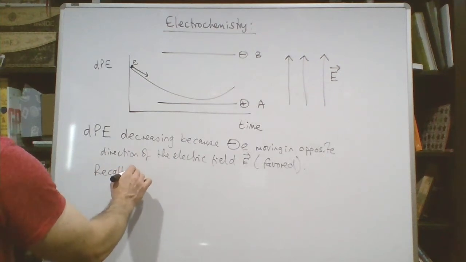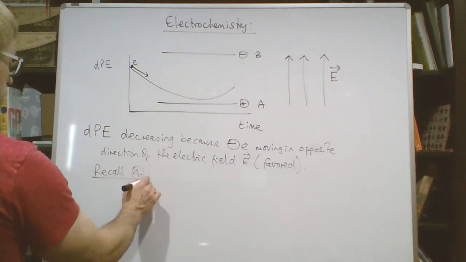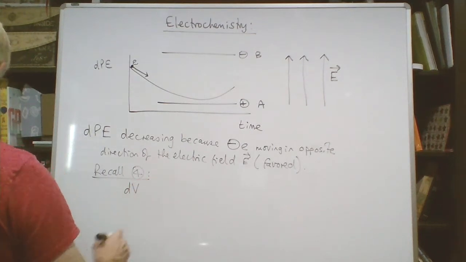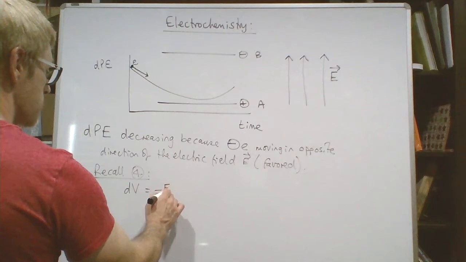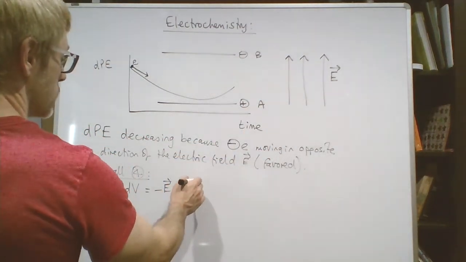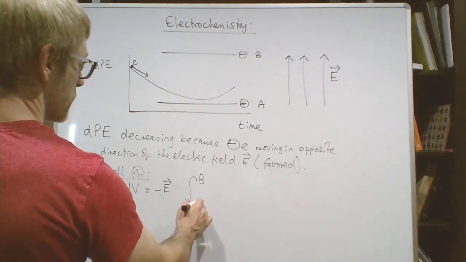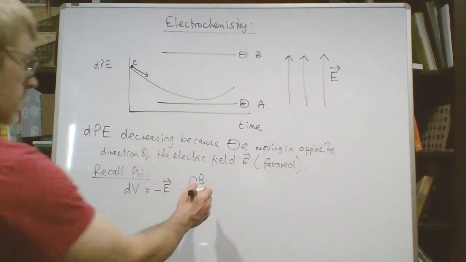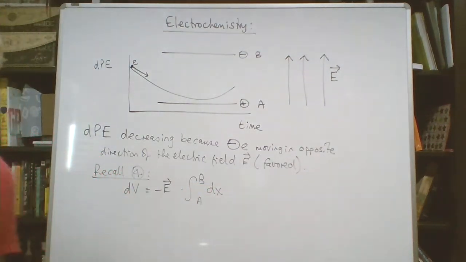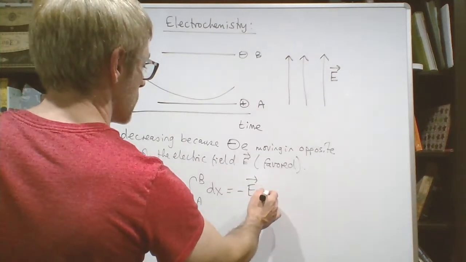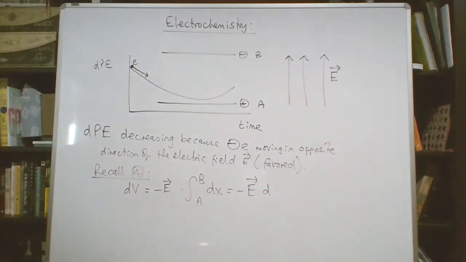So recall our equation 4, I believe we called it, from the previous slide, where we had the change in voltage is minus the electric field dotted with the integral between locations B and A, the change in position, and we said that this was minus E d. I believe we call that equation 4.